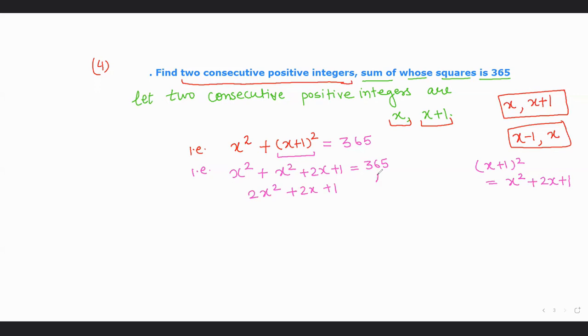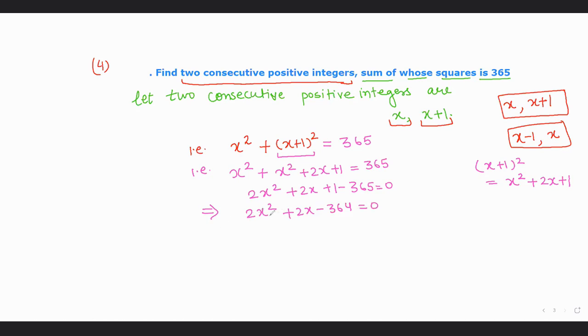And if you take it to the left side, it will become minus 365 equal to 0. So now it implies we have the quadratic equation is this one.